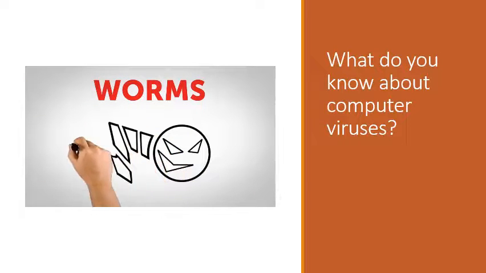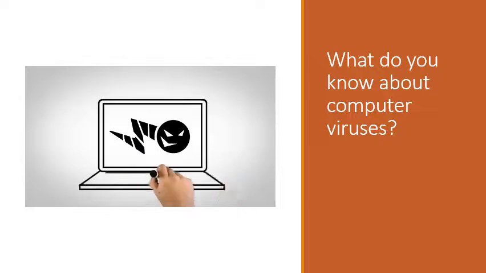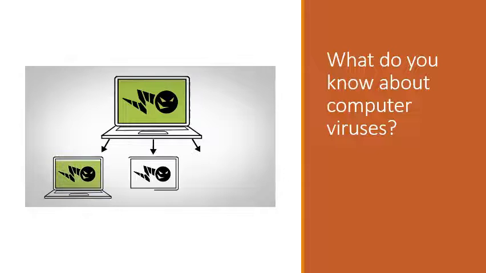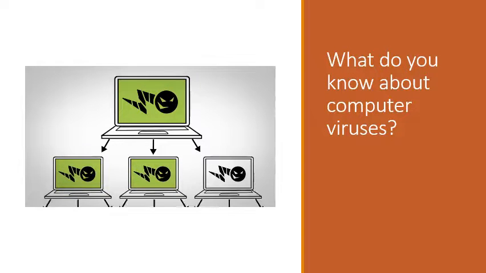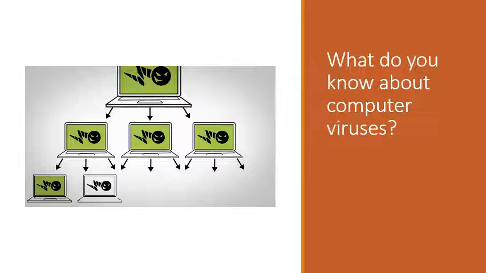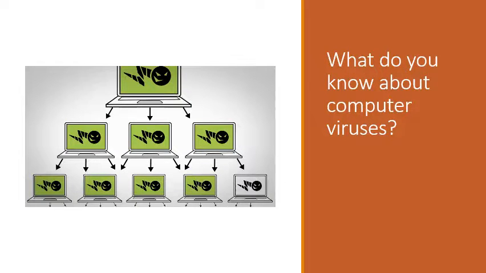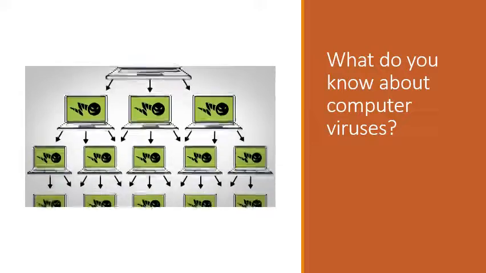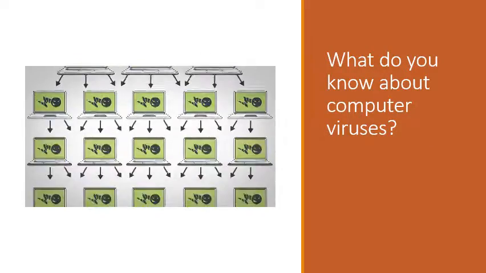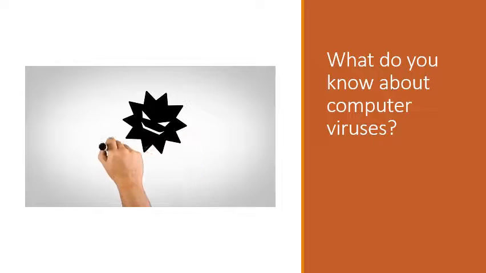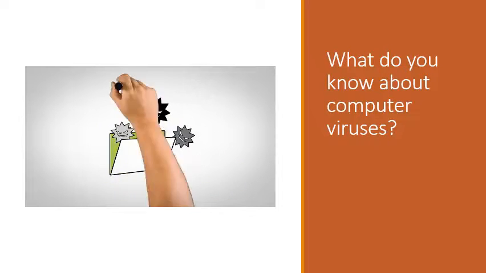Worms. Worms can replicate themselves and infect multiple computers on a network, causing major damage. Network worms often use computer networks to spread, slowing down traffic and relying on security failures such as outdated operating systems and no antivirus programs installed. In contrast, viruses require the spreading of an infected host file.